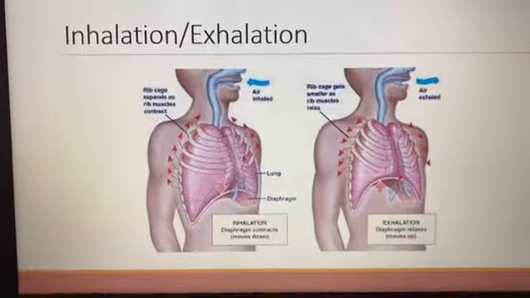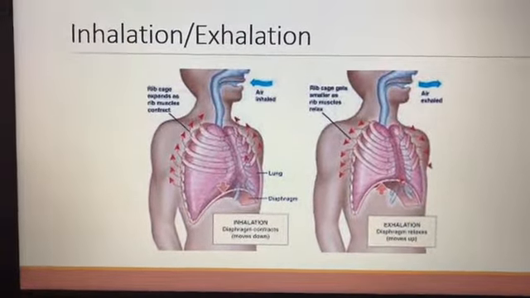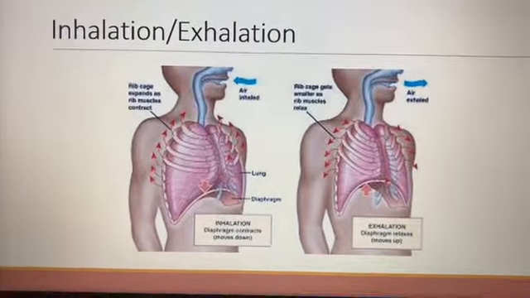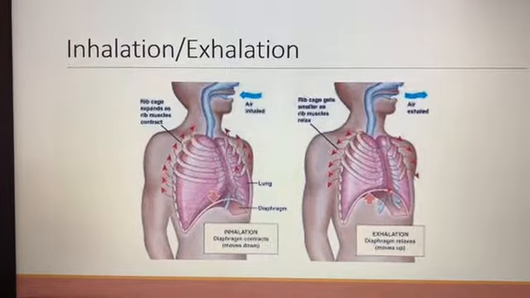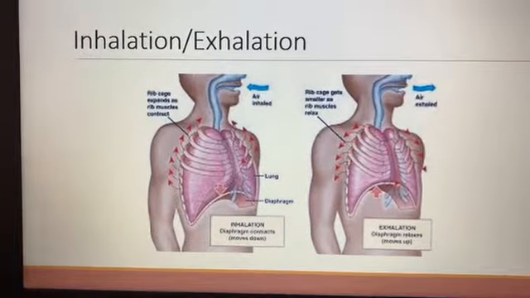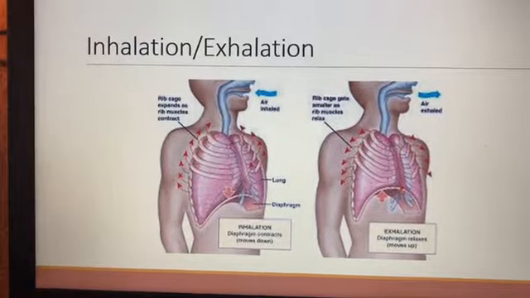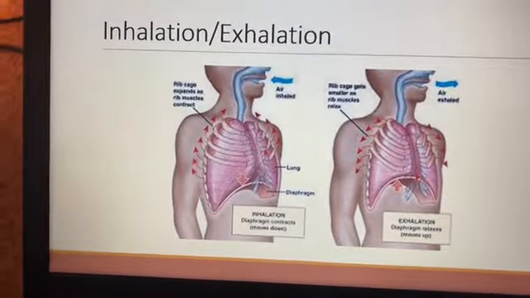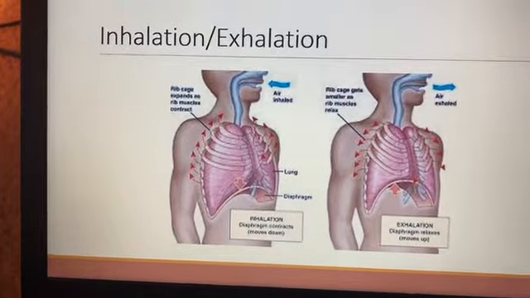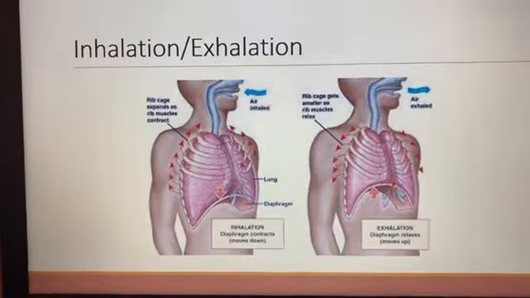On this part, I put another picture explaining, and I'll explain it. In inspiration, which is also known as inhalation, the diaphragm and the external intercostal muscles contract, and once the diaphragm contracts, it leads to an increase in the thoracic cavity size.